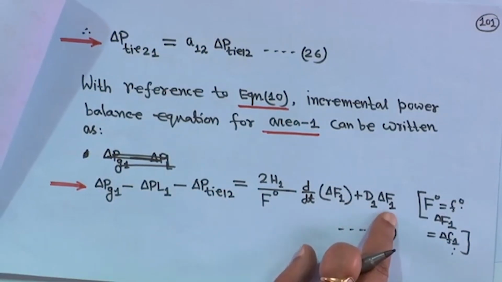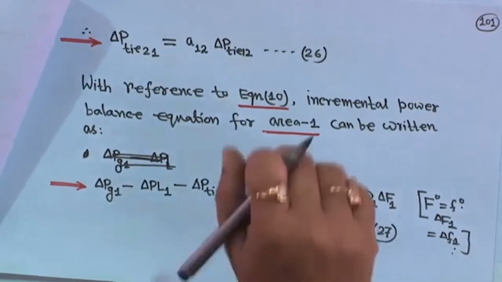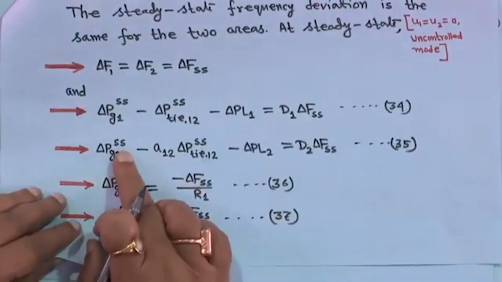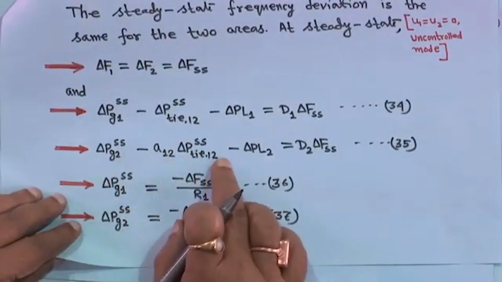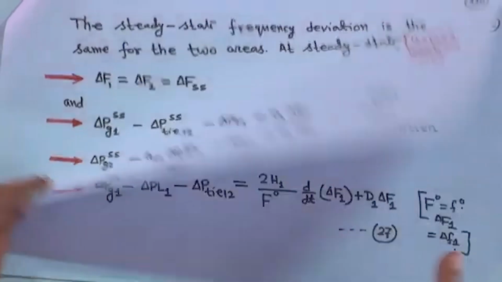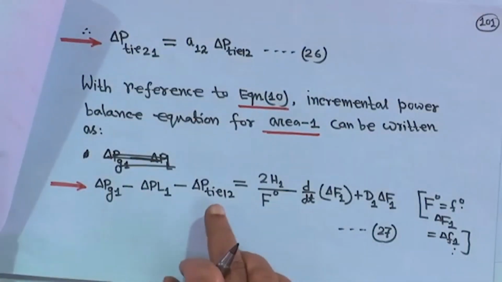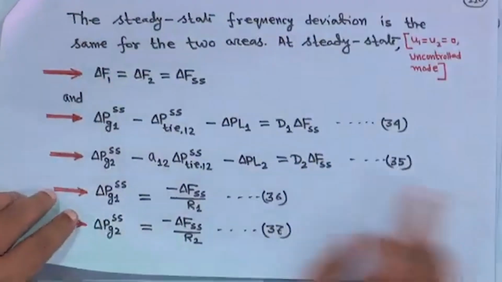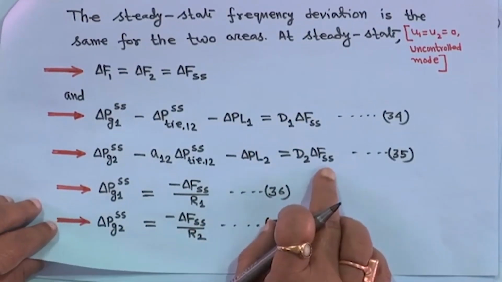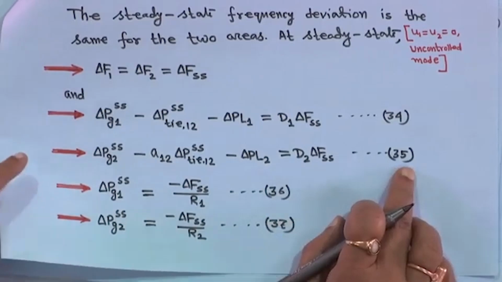Again this derivative part will vanish for area 2, and it will become delta Pg2 ss minus delta Ptie 2-1 ss equal to minus a12 delta Ptie 1-2 ss at steady state. Here also for area 2, minus delta PL2 is equal to D2 into delta fss. This is actually equation 35.